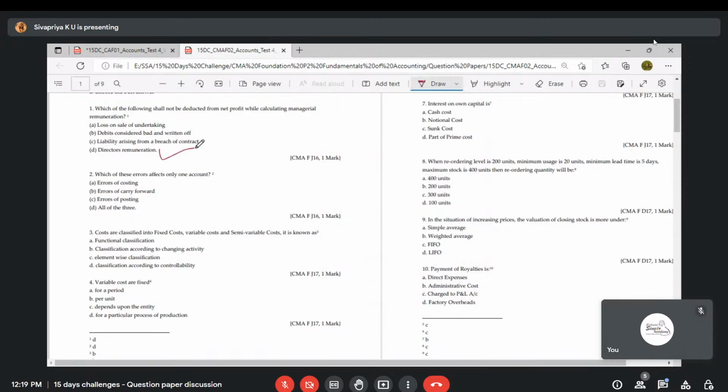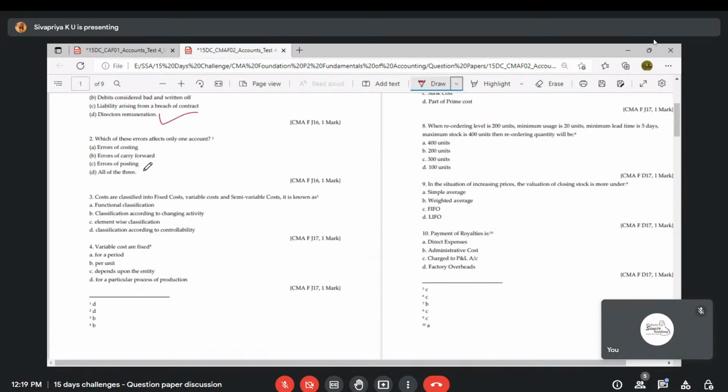So the answer is D. Which of the errors affect only one account? Answer is D. Cost classified into fixed, variable and semi-variable, it is known as B. Variable cost per unit or fixed per unit.